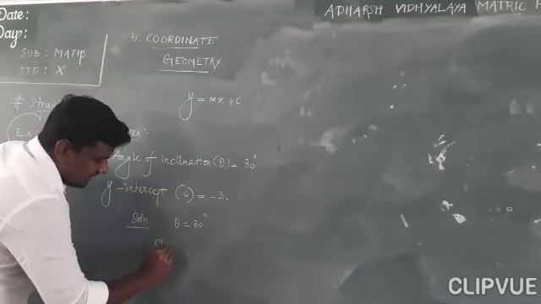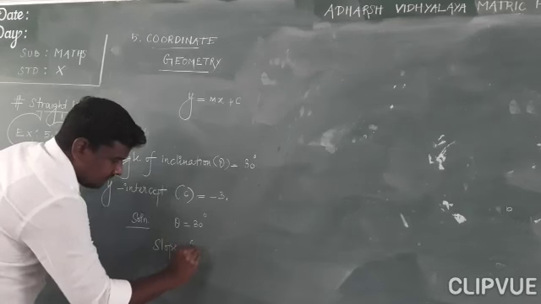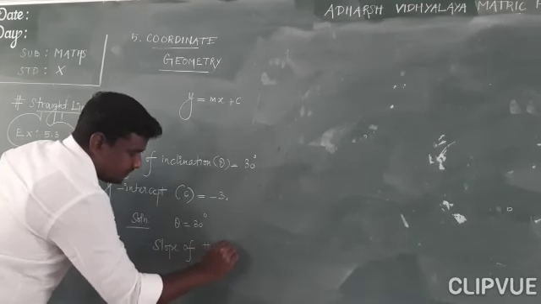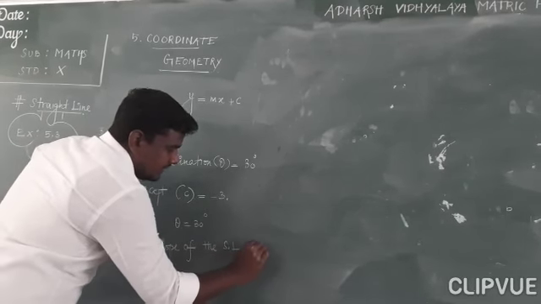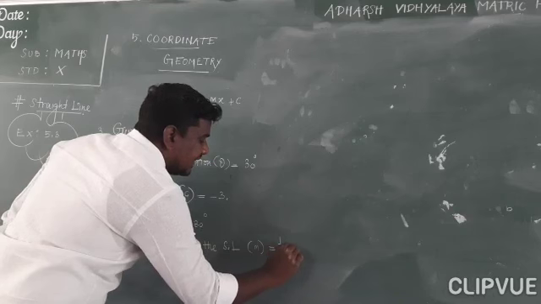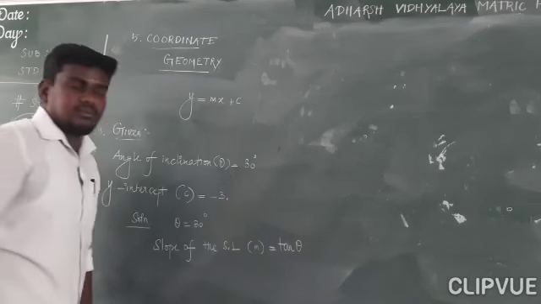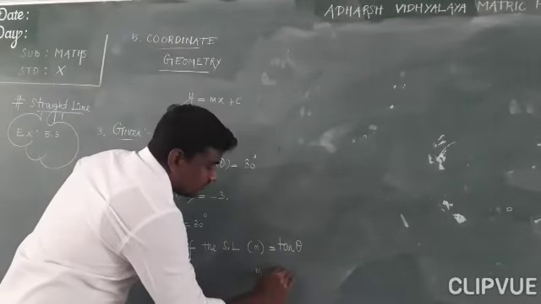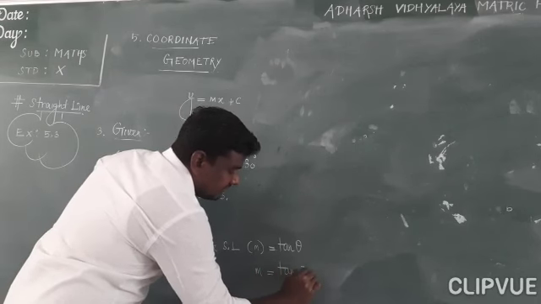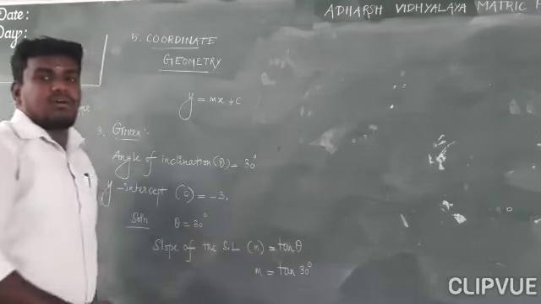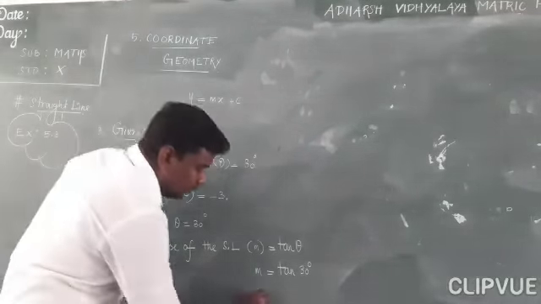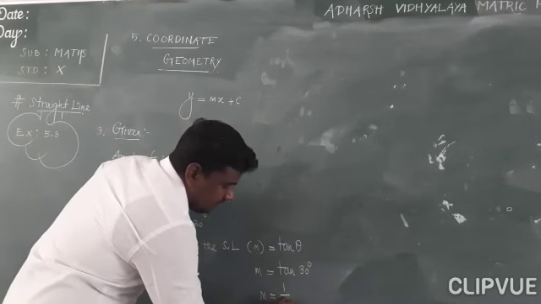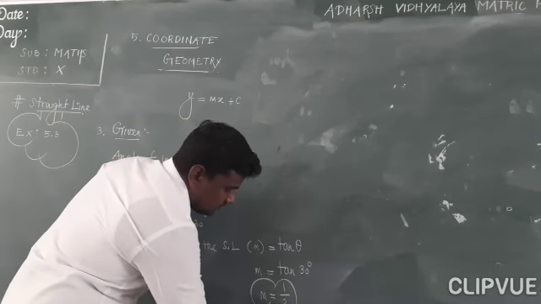So the slope of the straight line m is equal to tan theta. So m is equal to tan 30 degree. You must know the value of tan 30. Tan 30 is equal to 1 by root 3. So m is equal to 1 by root 3.